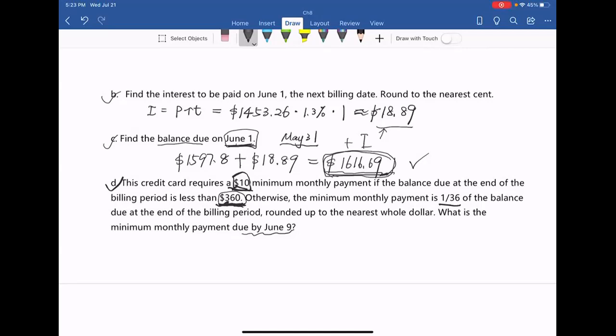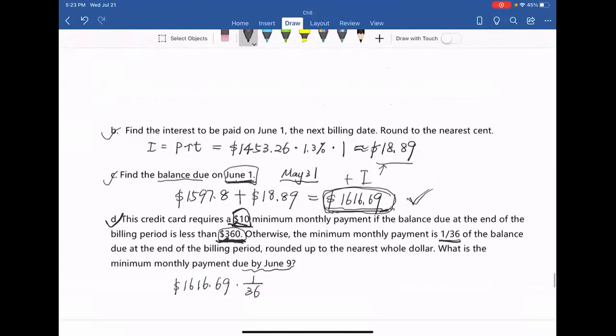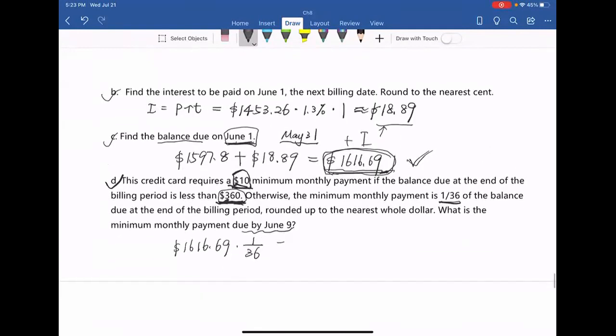We need to find the minimum monthly payment by using this amount times 1/36, which is, let me copy the answer, I don't need to calculate. So it's about $45 per month. That's the minimum monthly payment.